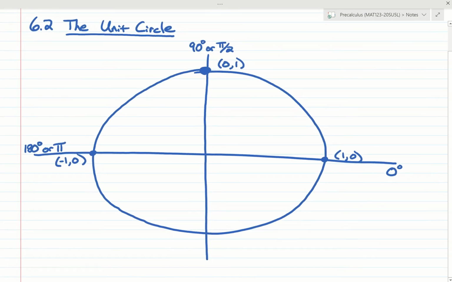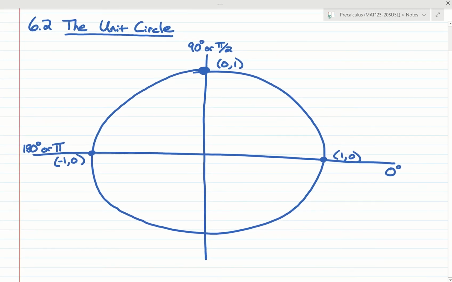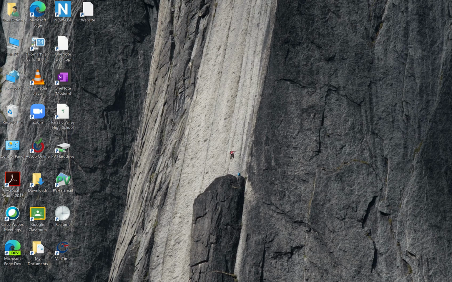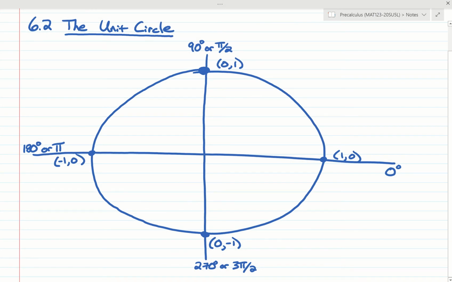And then going a little bit lower, we have pi over 2 is 90, 2 pi over 2 is 180, 3 pi over 2 is 270, and this has the coordinates 0, -1. And then we're back at the origin, so 3 pi over 2 goes to 4 pi over 2, or 2 pi. So that takes care of our quadrantal angles.